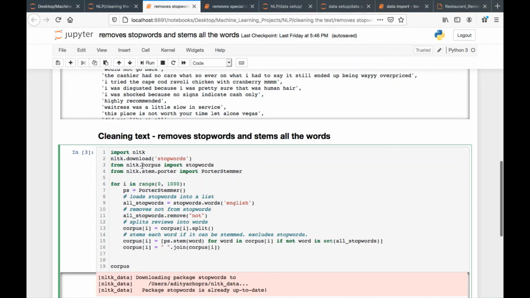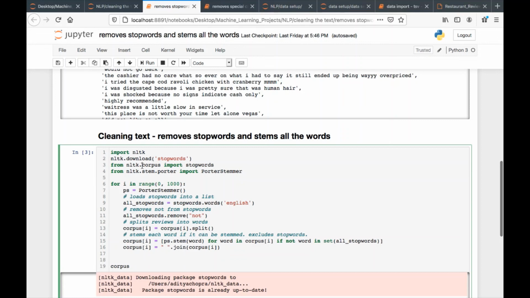Now there's another thing to this, Porter stemmer. Porter stemmer means we want to stem the word to its root form. For example, the word enjoying. Now, enjoying means something positive, right? But the word enjoying is similar to the word enjoyed with the ed, and the word enjoy all by itself. So enjoy, enjoying, enjoyed, all of them are something positive, and they're all conveying the same meaning.